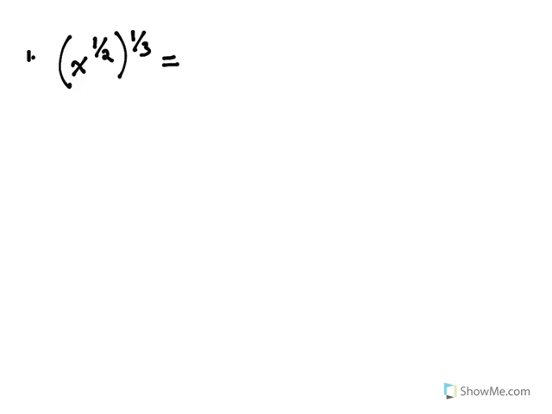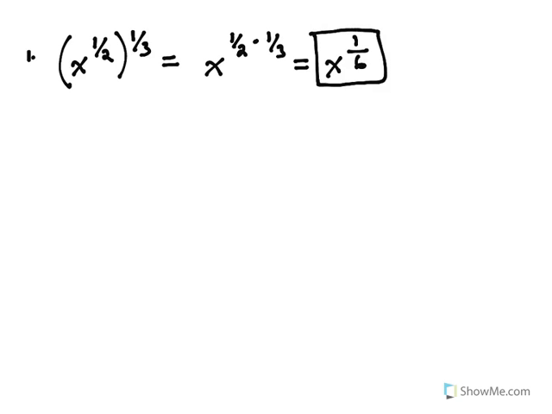Okay, when you do that, then that's equivalent to 1/2 times 1/3. And when you multiply fractions, you multiply straight across. So 1 times 1 is 1, and 2 times 3 is 6. So you can have x to the 1/6 power. And that's all you do. You don't have to do anything else after that.